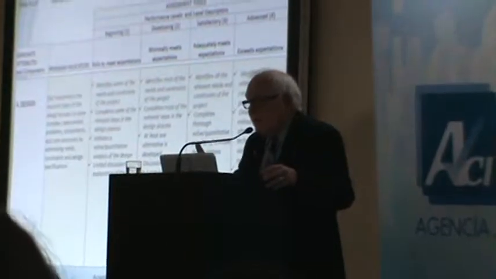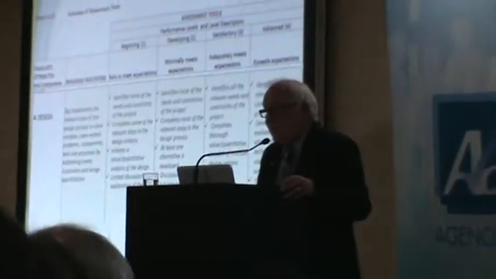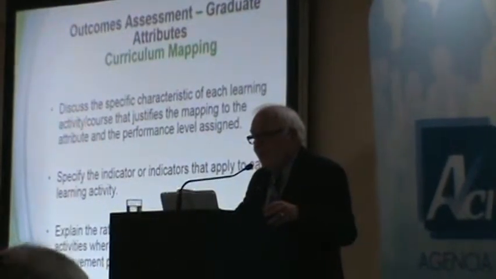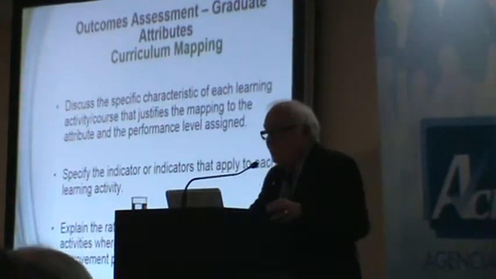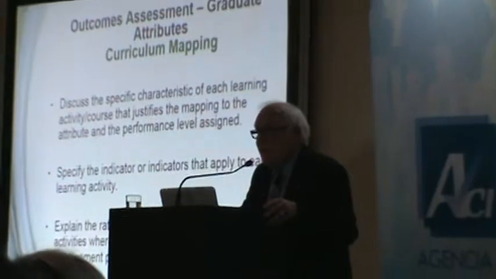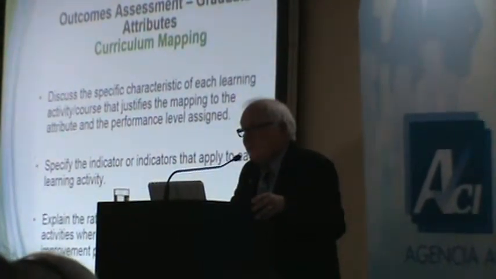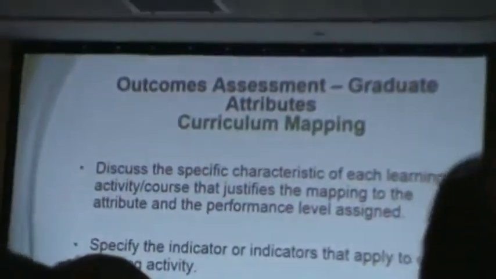So again, it's a detailed process, a lot of information the institutions have to provide, but that's what we expect in a tabular form from institutions, for example, dealing with assessment tools. In addition to the tabular information, we expect the university to spend a fair bit of time providing us detailed information as well on curriculum mapping.